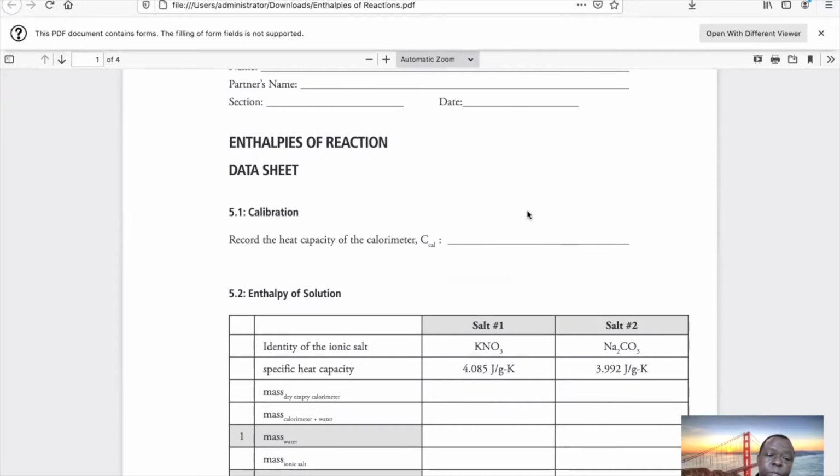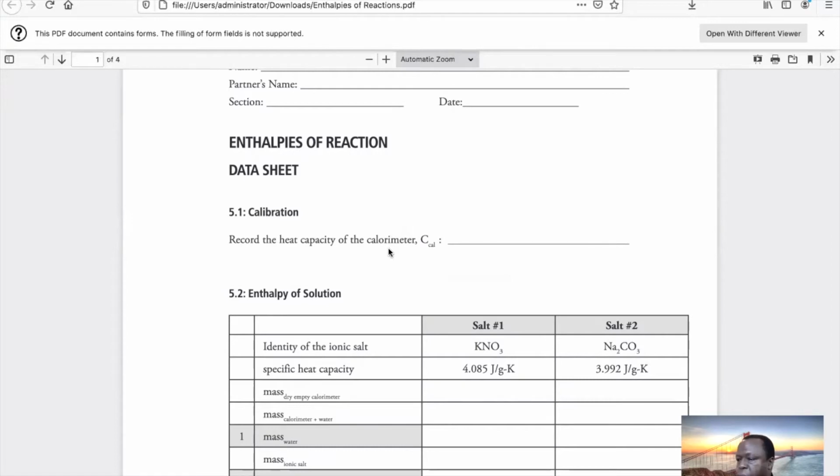We're not going to perform the experiment for section 5.1. 37.5, and remember the units for calorimeter. Heat calorimeter, we will use 37.5.